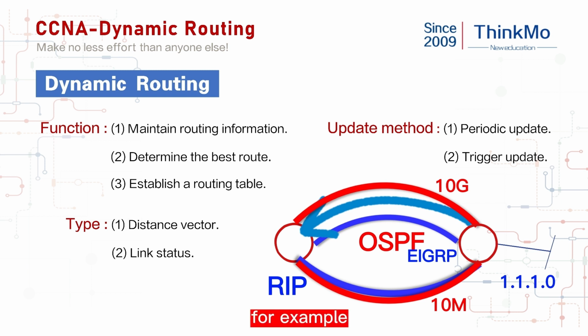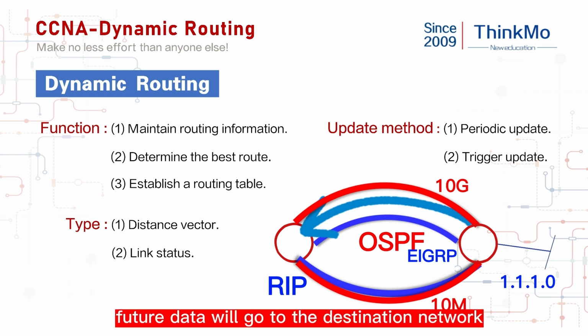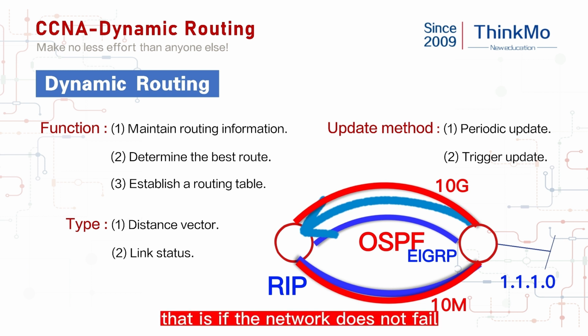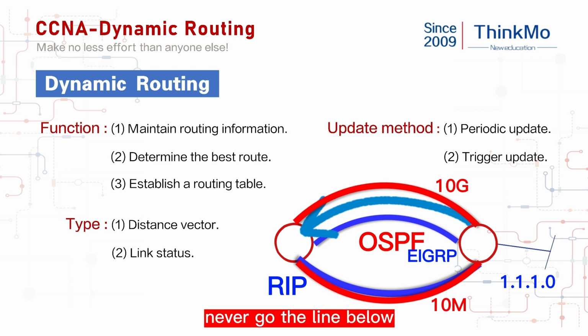For example, when future data goes to the destination network with very much traffic, traffic will be congested. Because there are two lines, the following 1G line will never be used. That is, if the network does not fail, it never goes the line below, which causes all traffic to go only above.